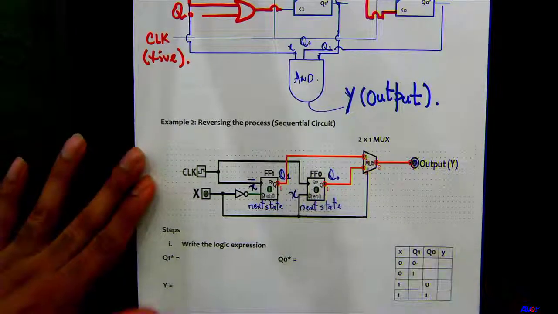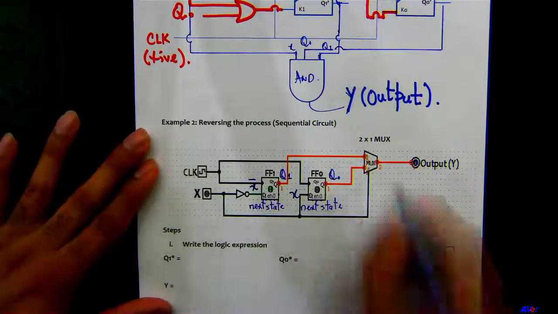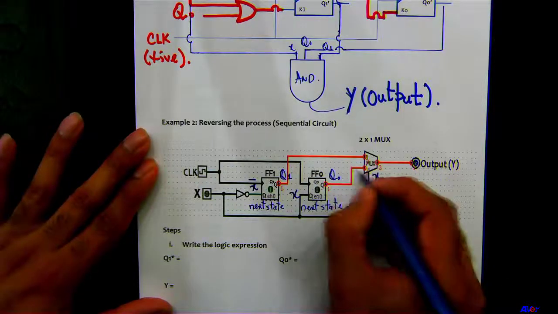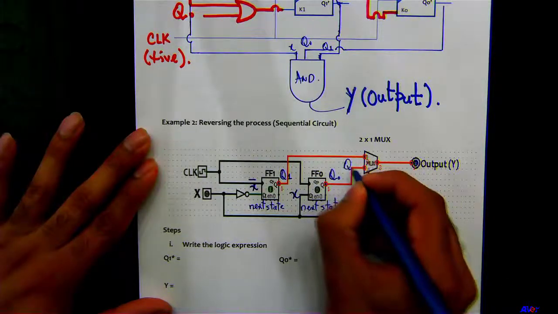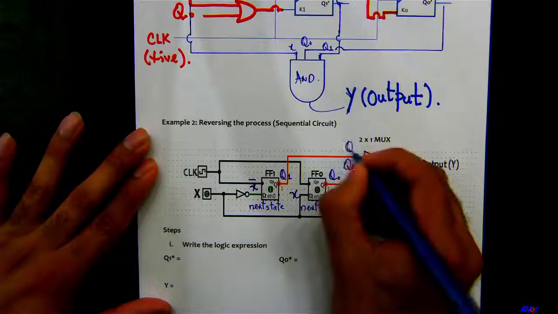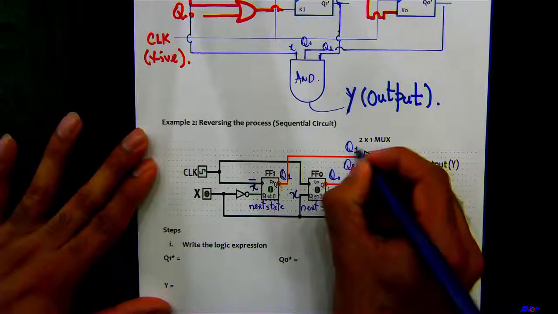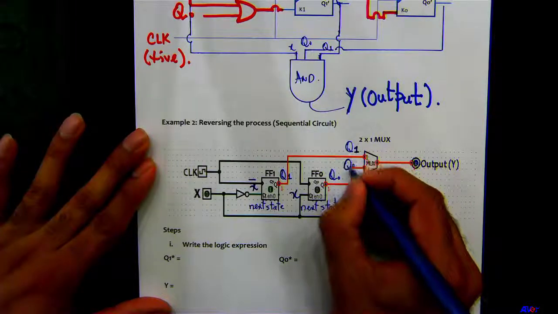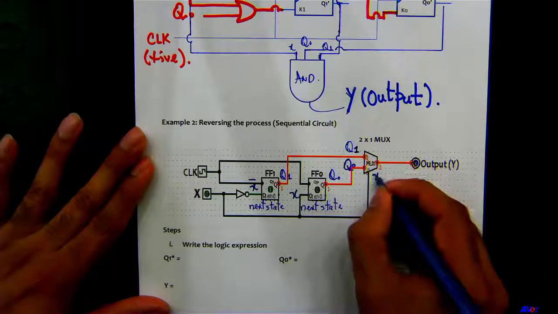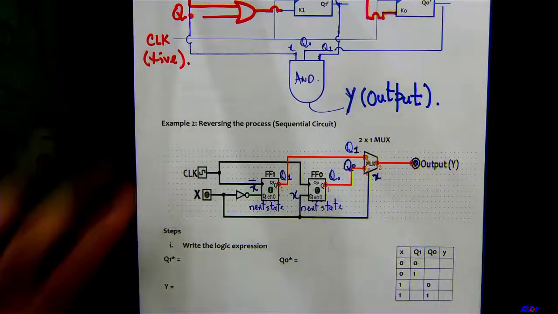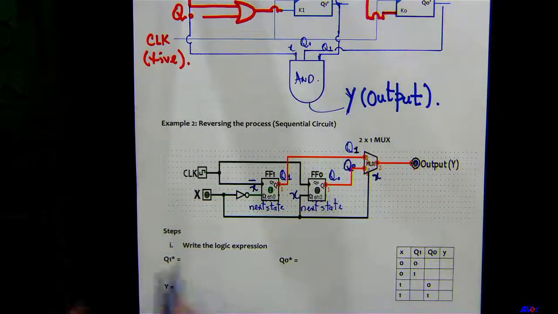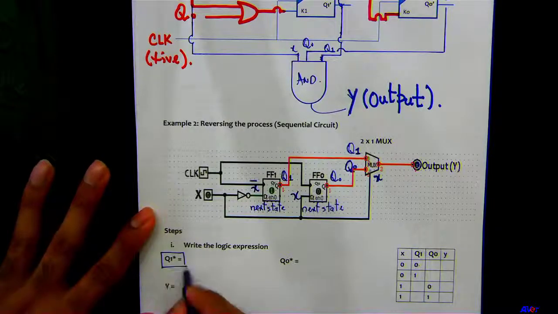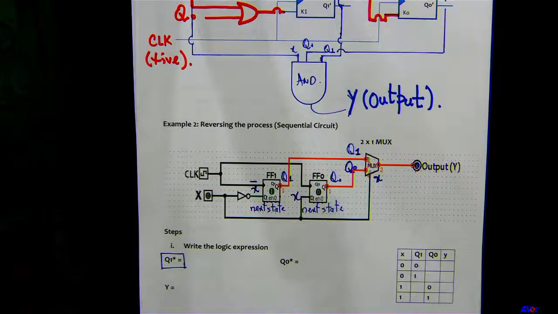Okay, alright. This X is also connected to this mux. This is interesting, huh? You have Q naught here, and you have Q1 here. Notice this is Q1 here, and this is Q naught here. And you got X here, and output. Okay, what is Q1? What is the expression for the next state for the flip-flop 1?